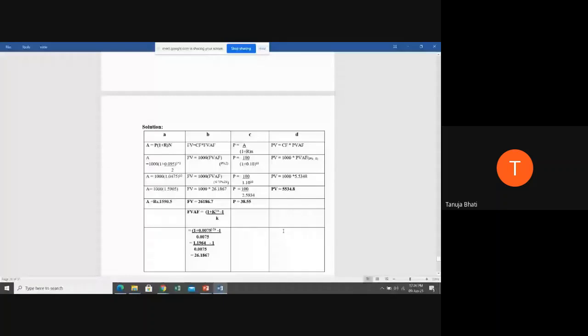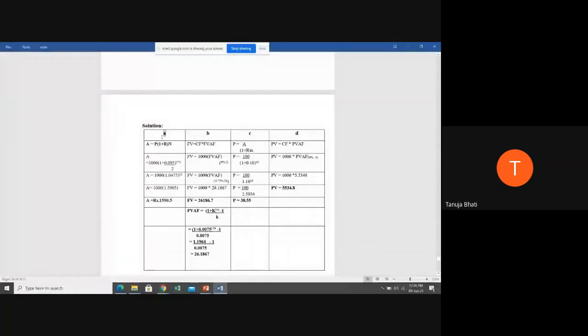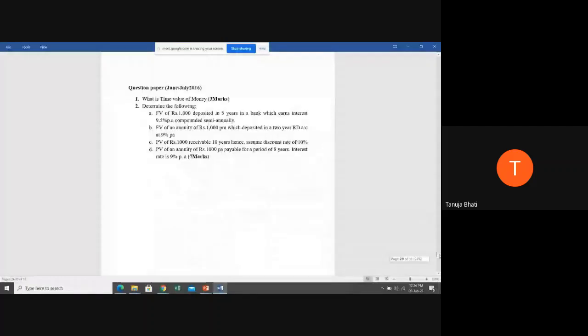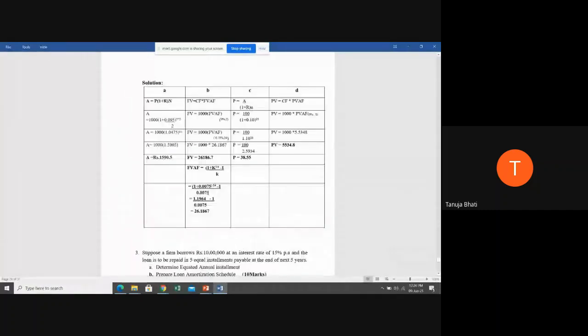So first for A part, the formula we are going to use is A is equal to P (1 + R) raised to N. Here A we do not know. P is 1000 in the bracket 1 plus the rate of interest given, 9.5%. So we write here 9.5%, divided by 2 because it is semi-annually, and N we multiply by 2.